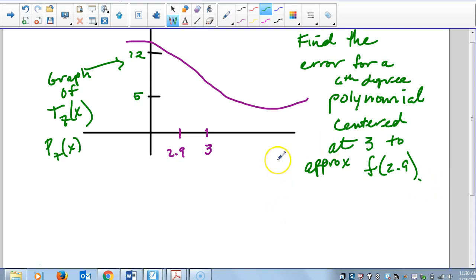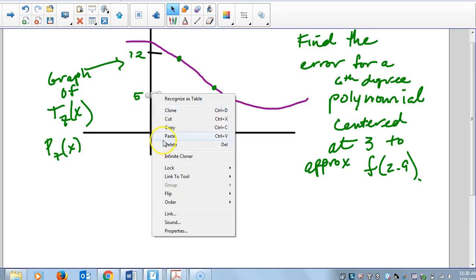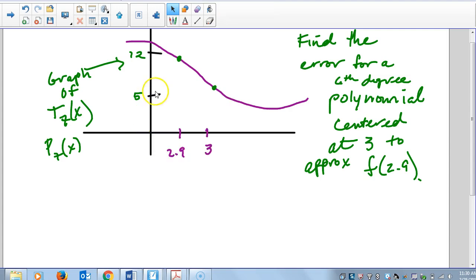So graphically, they didn't even give you the numbers on the graph, they expected you to approximate these. And they were a little bit better than this, but not by much. Let me move it up. So if that's 5 and this is 12, I was trying to make them look good, but they're not that good. Okay. So this is T7.